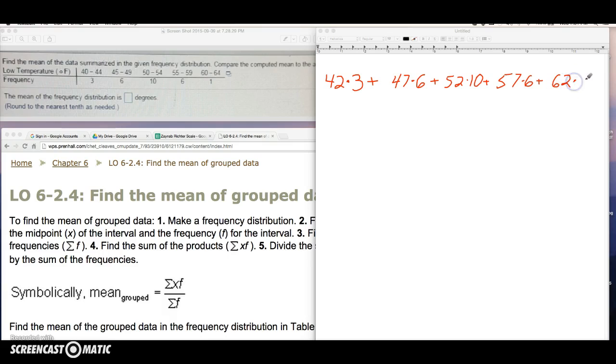And we multiply it by its frequency. After we've added all these up, we divide it by all of the frequencies put together, or the sum of all the frequencies. 3 plus 6 plus 10 plus 6 plus 1.